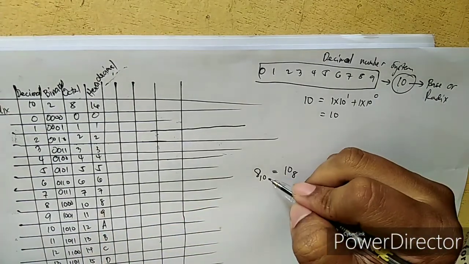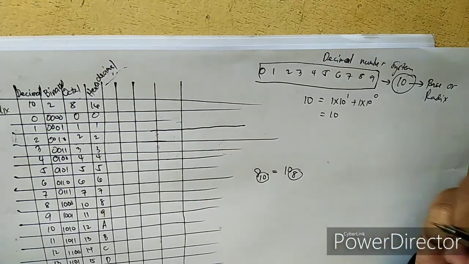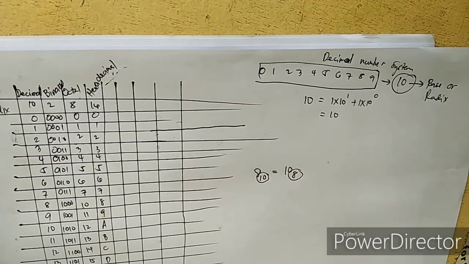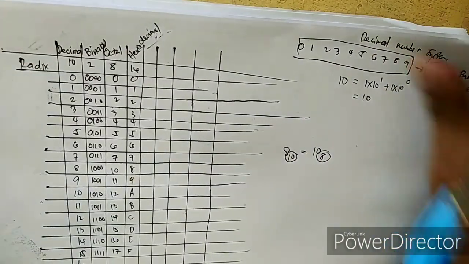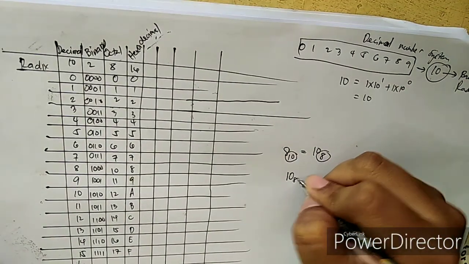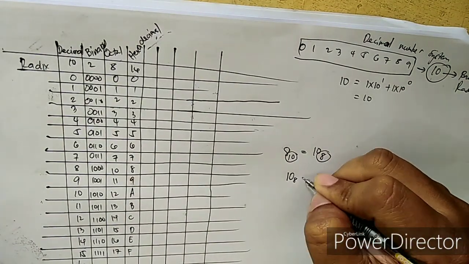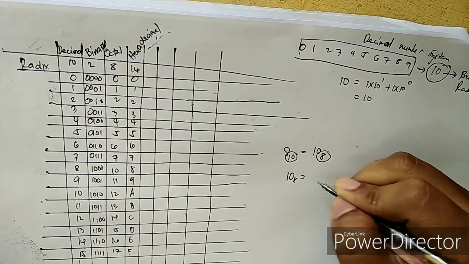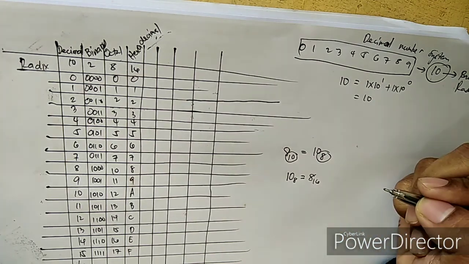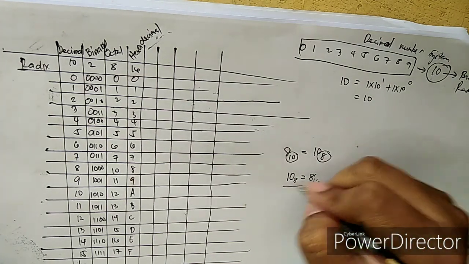So this is the radix of the number system, in order to differentiate binary or other number systems from each other. 8 and 10. And also 10 base 8, meaning this number 10 in octal is just equal to 8 in decimal. So that's it.